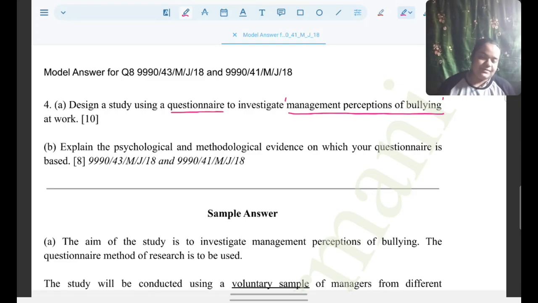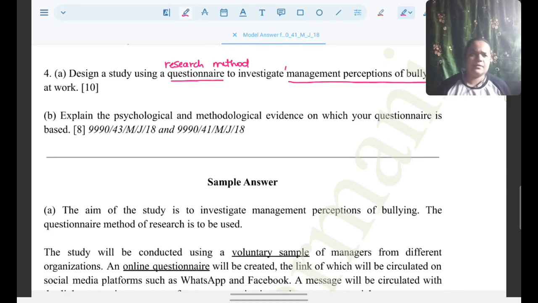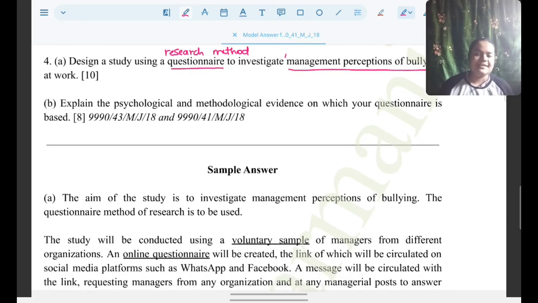So just to revise, when we are reading the question, the first thing we are looking out for is the research method that has been specified in the question. If the research method is not specified, then there are a lot of options available to us. And again, if you've been practicing well, you would know which type of method is suitable for which type of topic.